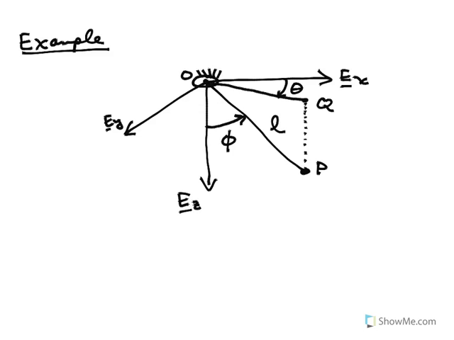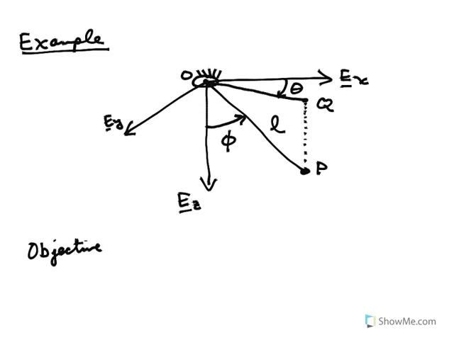Now the objective is to be able to use these two angles together with the length of the arm to determine the velocity and acceleration of point P as viewed by an observer fixed to the ground. So let's write the objective down again.